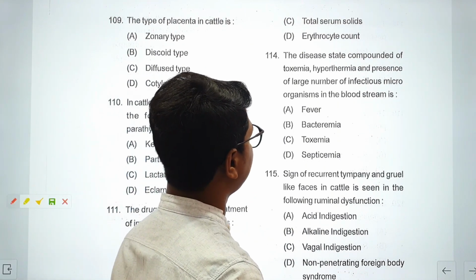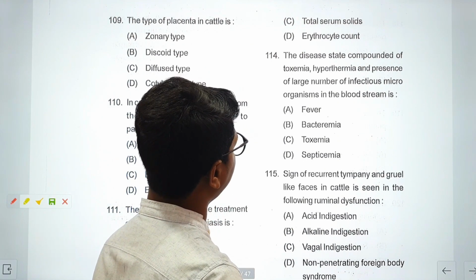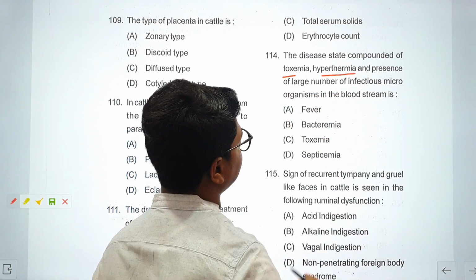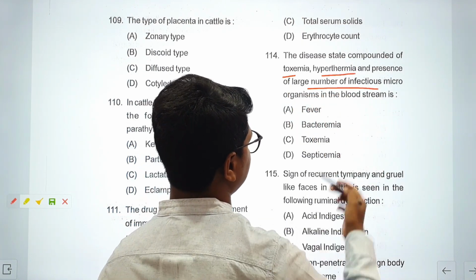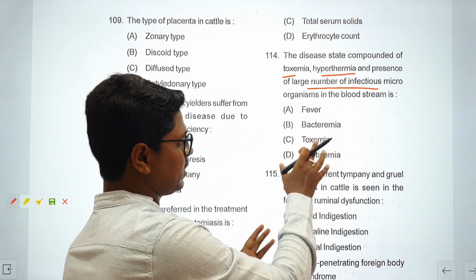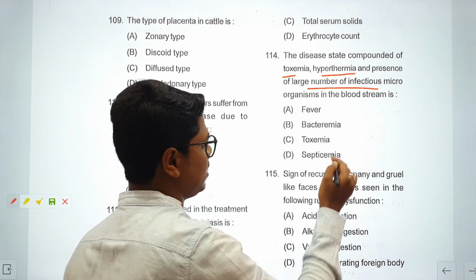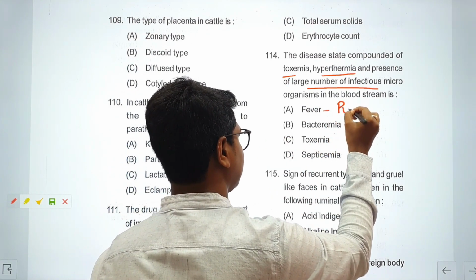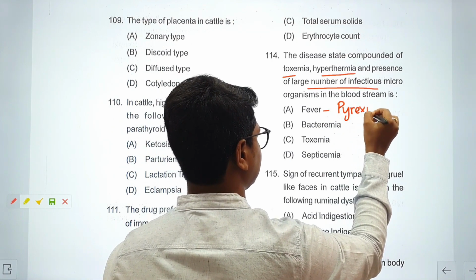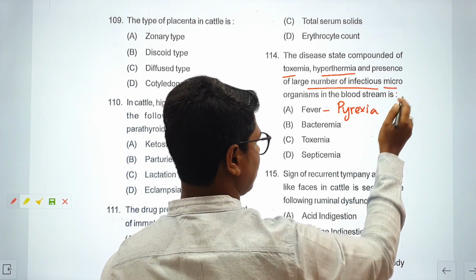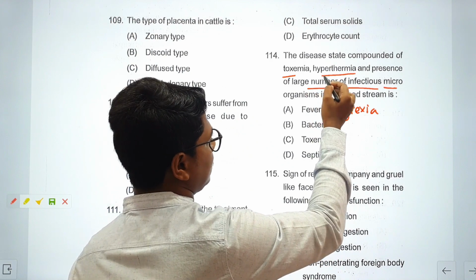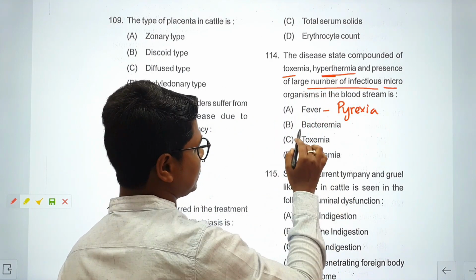The disease state comprising toxemia, hyperthermia and presence of large number of infectious microorganisms. You see here the definitions are in a very strict sense. Fever means only pyrexia. There you may find some infectious microorganisms circulating, but only hyperthermia, no toxemia.